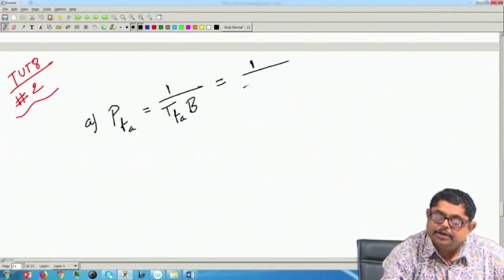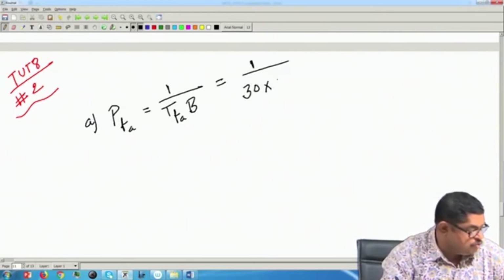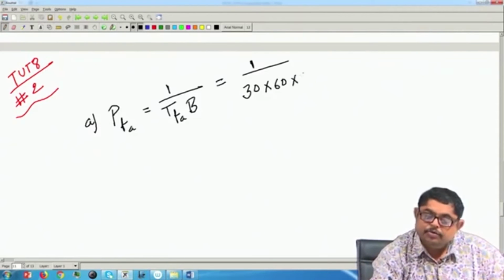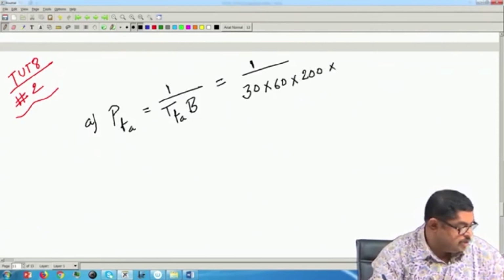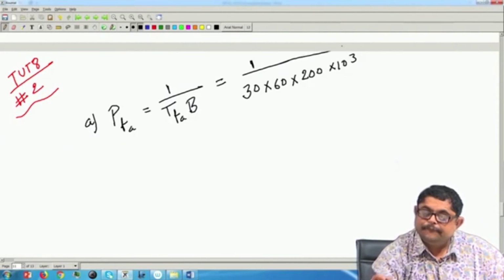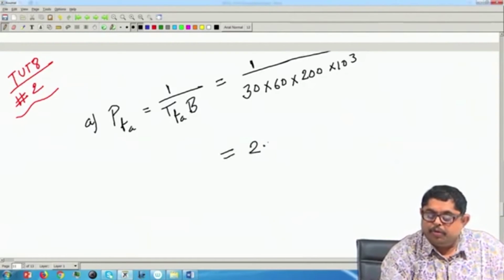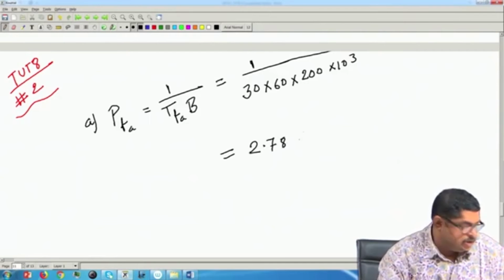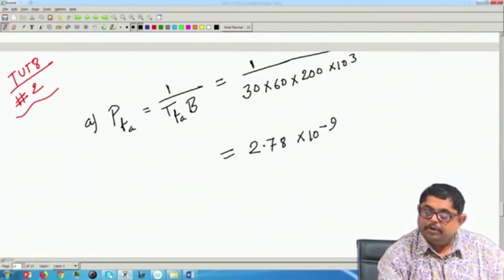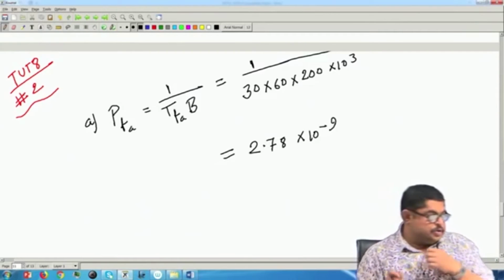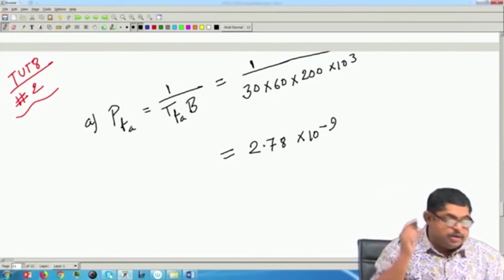So, TFA is 30 minutes, that means 30 into 60 seconds, and bandwidth is 200 kilohertz. So, that will give you 2.78 into 10 to the power minus 9, quite a good PFA. So, that operator will be able to handle it.